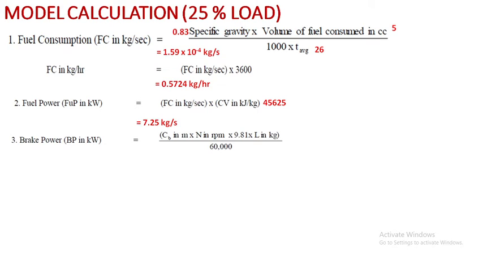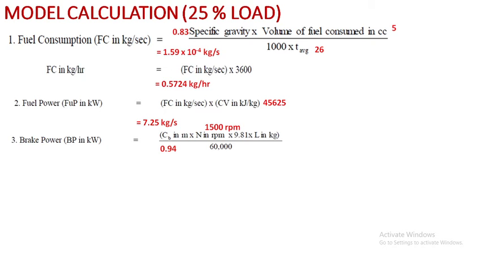Then finally, it is the brake power. What is brake power? First of all, the brake power is the power which is obtained on the crankshaft. That is our output of the engine from the combustion of the air fuel mixture. So we know that the circumference of the brake drum in terms of meter is 0.94, and the speed in RPM is 1500. 9.81 is the standard value of acceleration due to gravity.